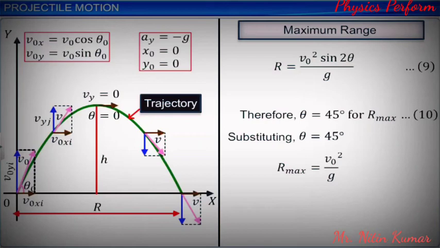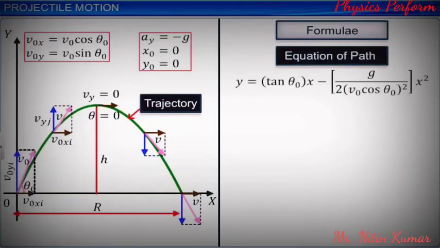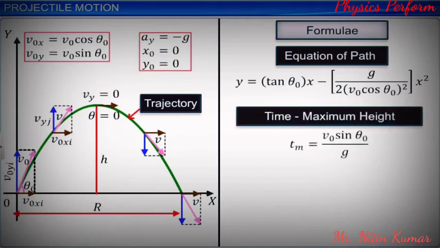The equation of the path for the projectile: y is equal to tan theta 0 into x minus g divided by 2 into v0 cos theta 0 square into x square. Time taken for the projectile to attain maximum height: Tm is equal to v0 sin theta 0 by g. The time of flight of the projectile: Tf is equal to 2 v0 sin theta 0 by g.